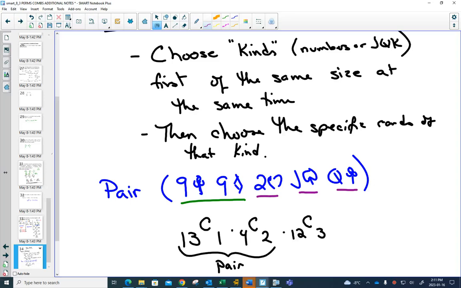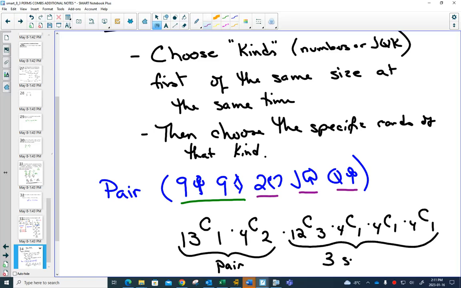I could have chosen 7s, 8s, and 10s. This 12 choose 3 will be all the different ways I can choose 3 other numbers. Then I have to choose which specific 2 for choose 1, which specific jack for choose 1, which specific queen for choose 1. This all together will give me 3 single cards.